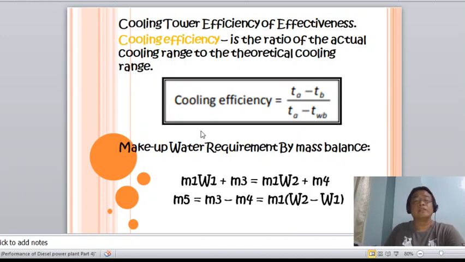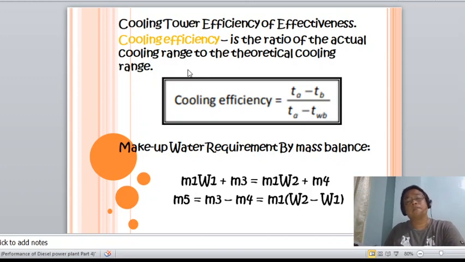The actual range is the difference between the temperature of entering water and the temperature of the leaving water, meaning the difference between the temperature of the hot water and the cold water. And the theoretical cooling range is the difference between the temperature of entering water minus the wet bulb temperature.